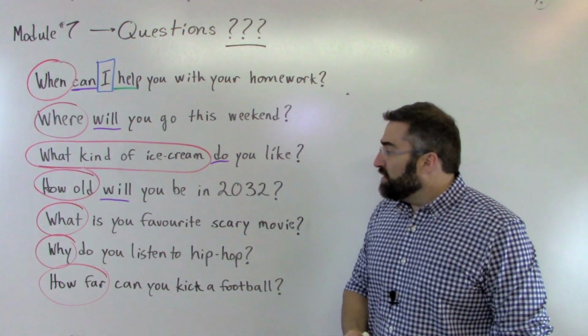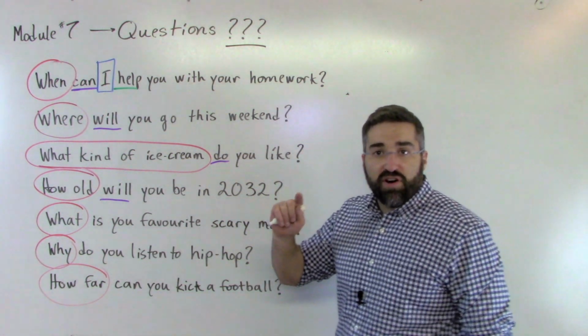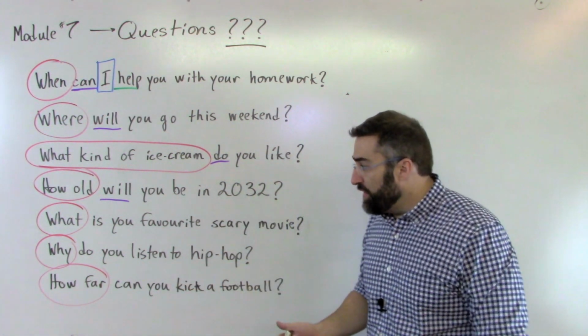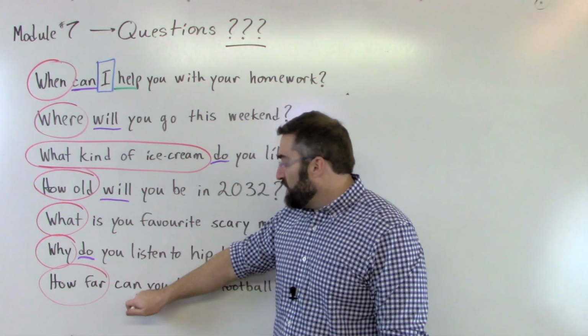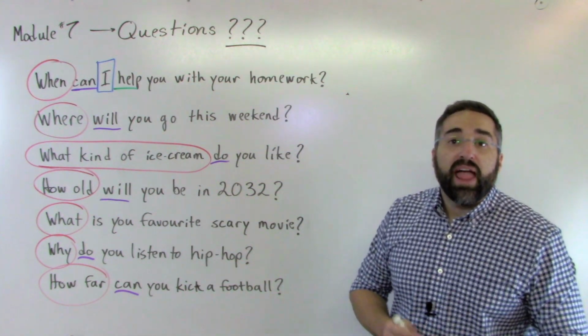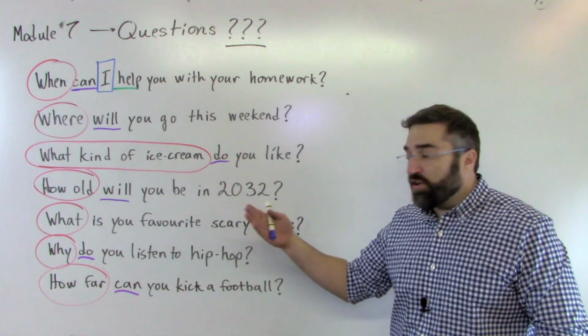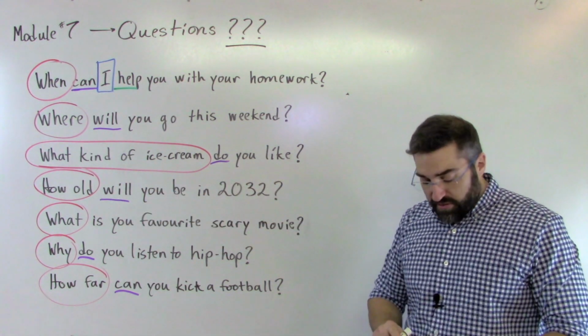What is your favorite scary movie? There's no auxiliary verb in this one. There's only one verb, but that's the main verb. That's all there is there. Here we've got another do, and here we have a can.